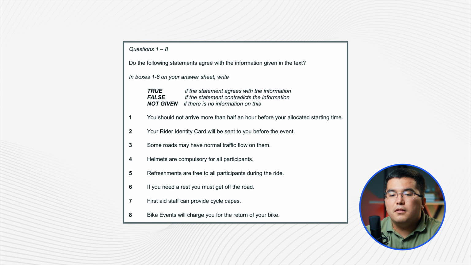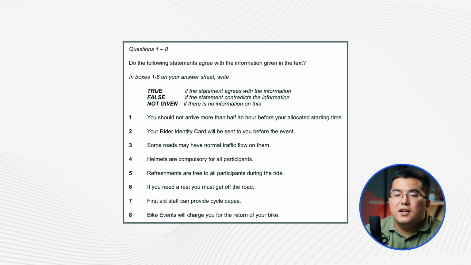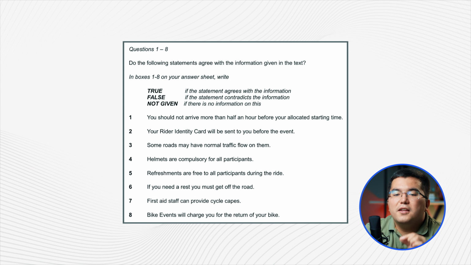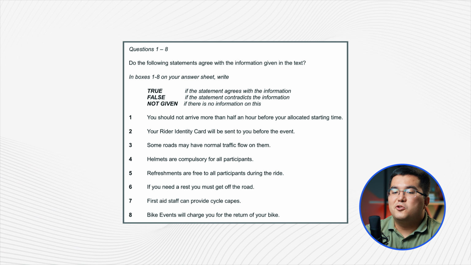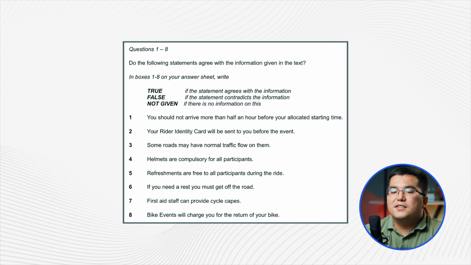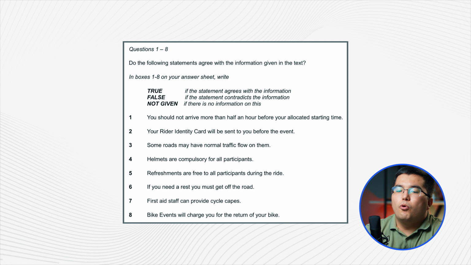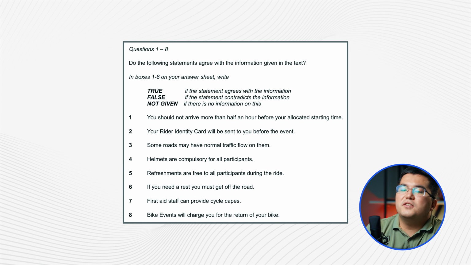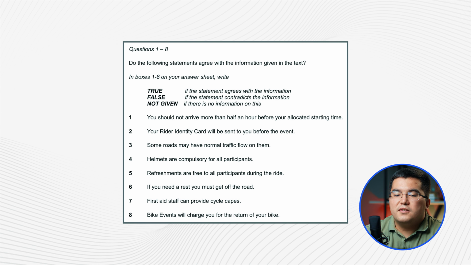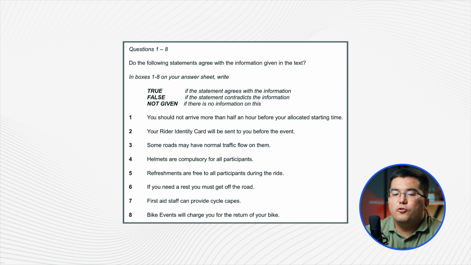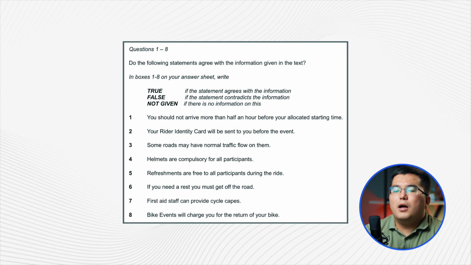And right after that, in some of the questions, they, test developers, intentionally make some mistakes. So you see, they intentionally make some mistakes, which gives the opposite information, or which gives information which disagrees with the text. As a result, some of the answers automatically turn to false. What about not given?